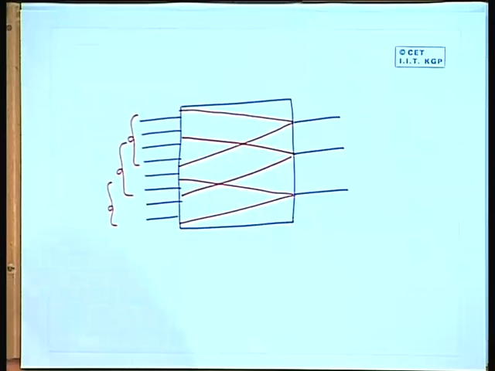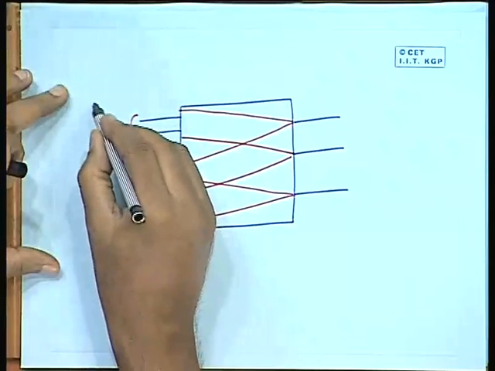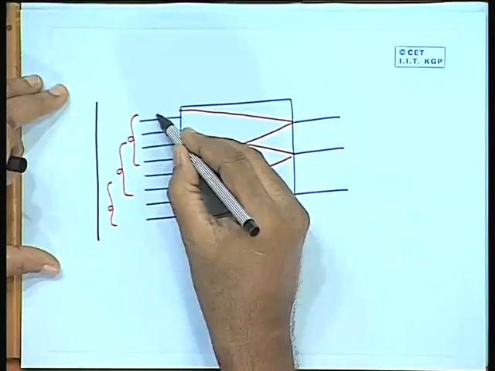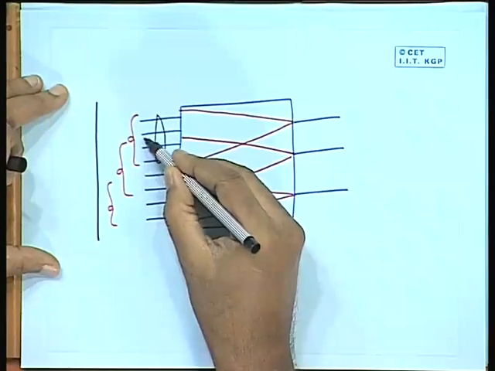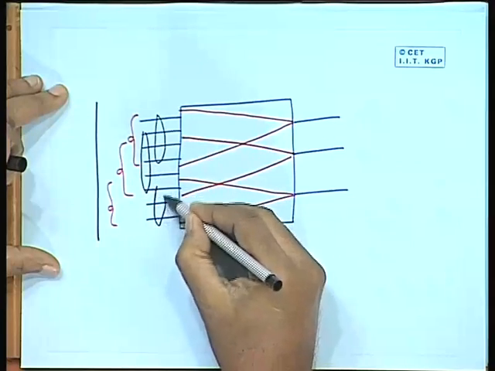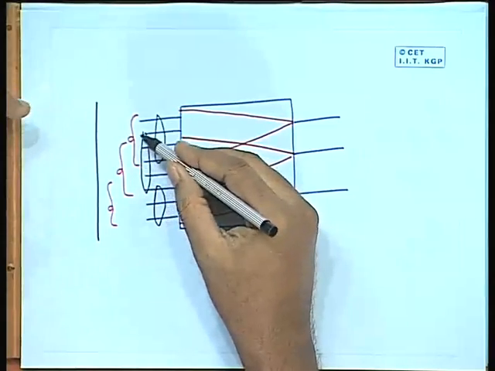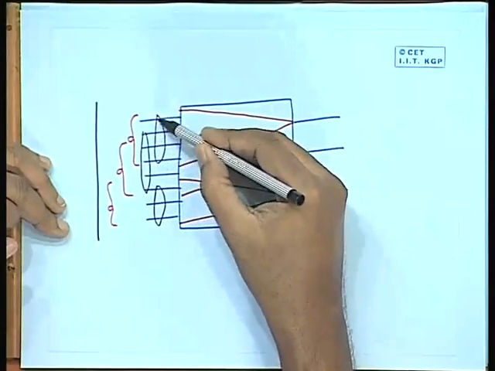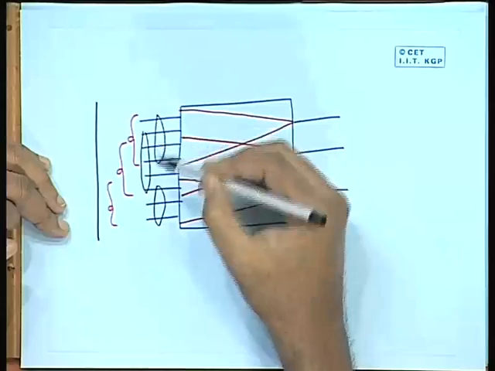Now, pseudo exhaustive test pattern, what it says is that you try to generate patterns on the input in such a way that with respect to these blocks, this block of 4, this block of 5 and this block of 3, they all get all possible combinations among themselves. For example, among the first 4 you get all 16 combinations applied. Well, there may be some repetition, but you do not mind repetition, but at least all possibilities will be there.